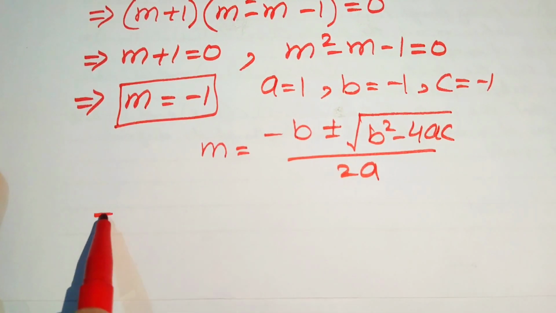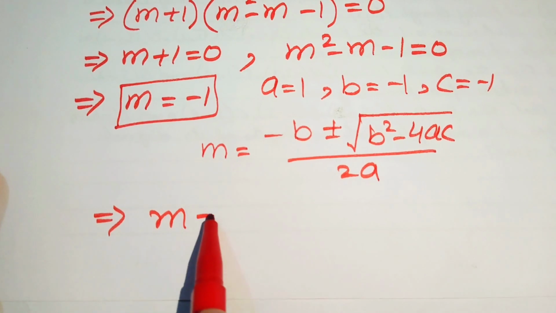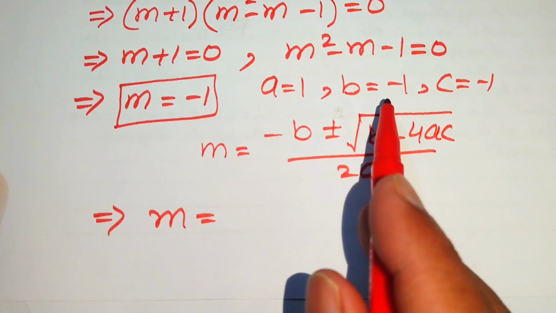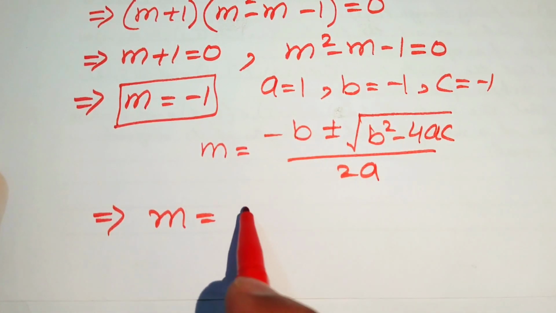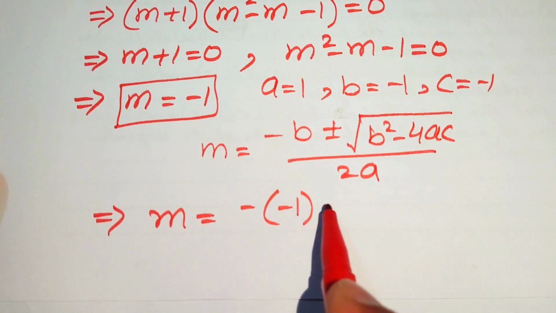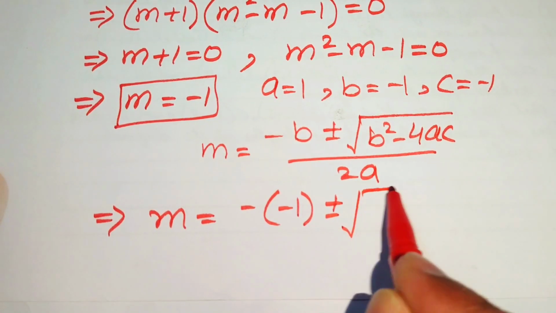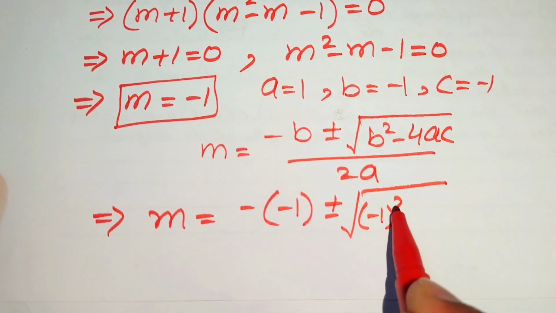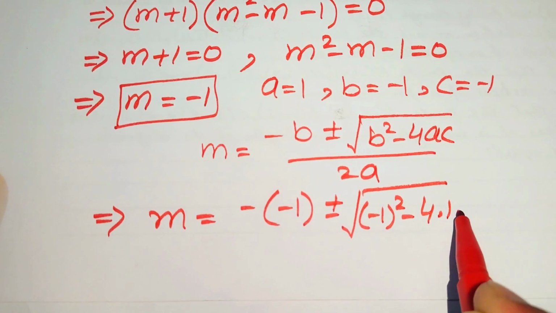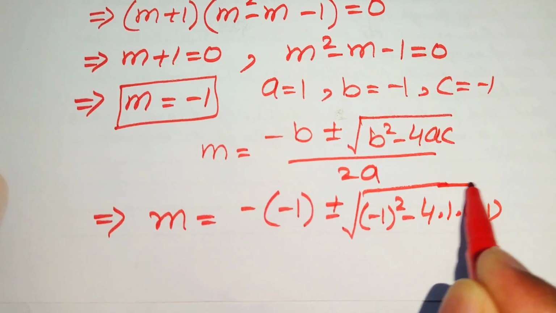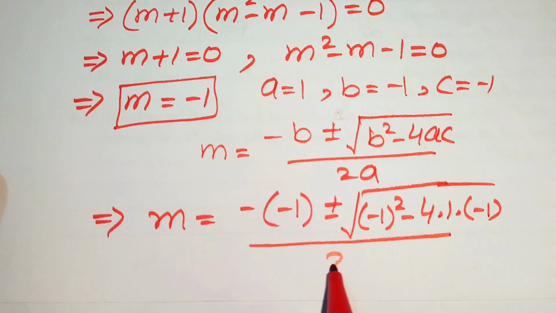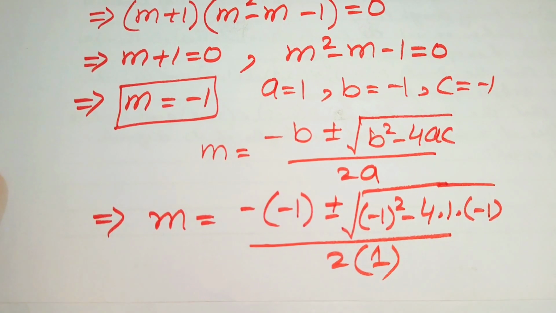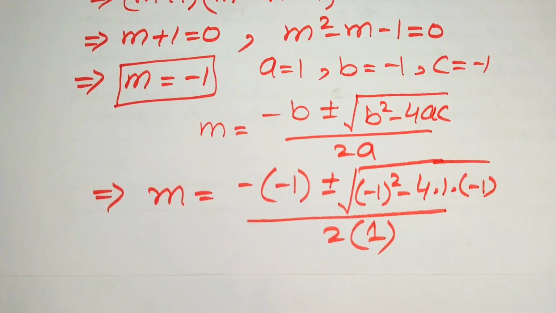So here we substitute the values of a, b and c. The value of b is minus 1, so we get minus times minus 1 plus minus square root of minus 1 squared minus 4 times a is 1 and c is minus 1, divided by 2 times a, which is also 1.